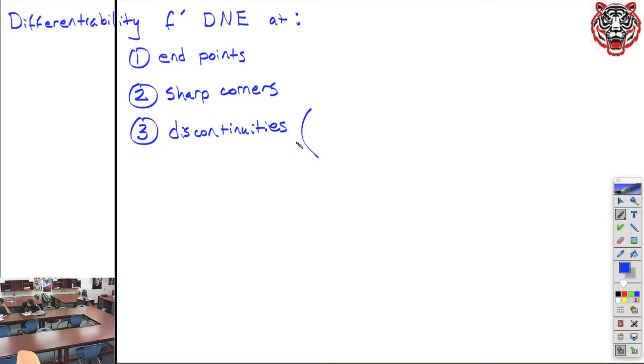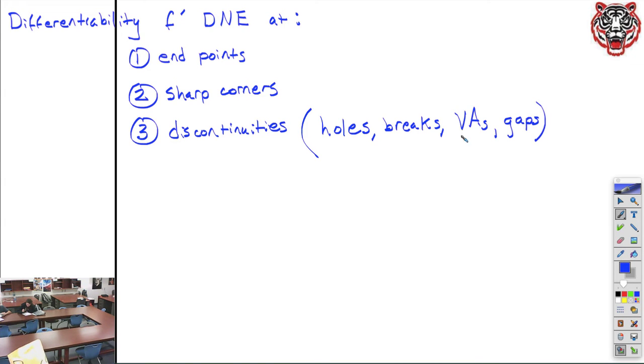Shout them out if you remember any of them. Holes, yep, that's one of them. Breaks. Asymptotes. Careful, it's vertical asymptotes, only vertical, not the horizontal. VAs. And what's the fourth one? Gaps, yep.